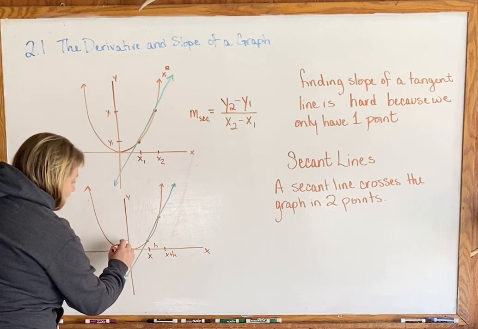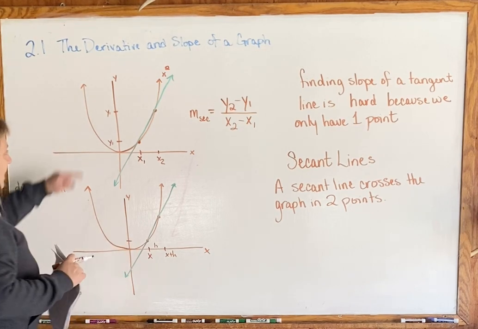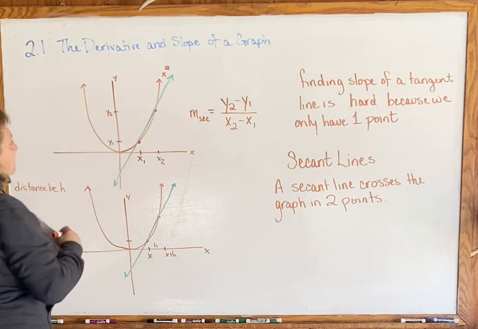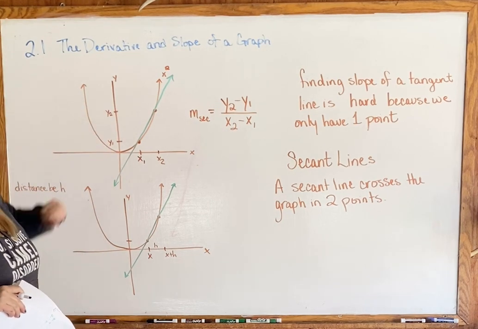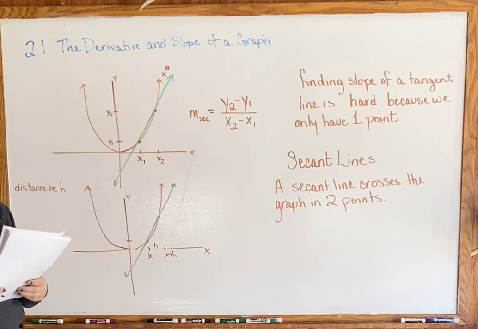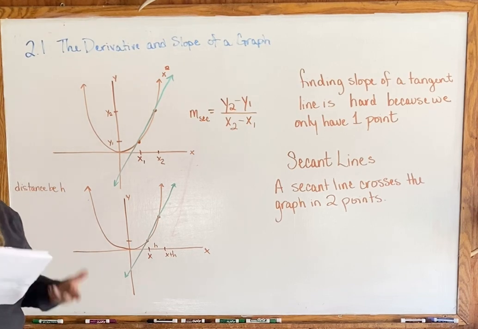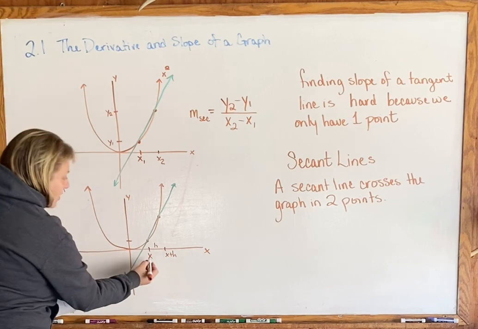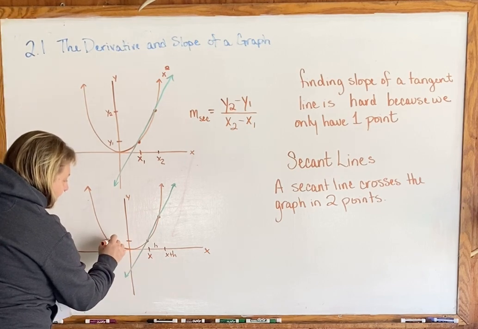Now, oops, that was supposed to be a y sub 2. Using our y sub 1 and our y sub 2 doesn't really make sense to us anymore. So we're going to switch gears and use our f of x notation. If this is x, then this is f of x.